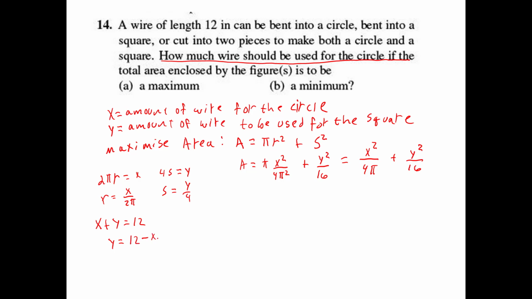minus x. So then area is equal to pi x squared. Oh, I'm sorry, not pi, we cleaned it up already. X squared over 4 pi plus y squared, 12 minus x squared over 16.